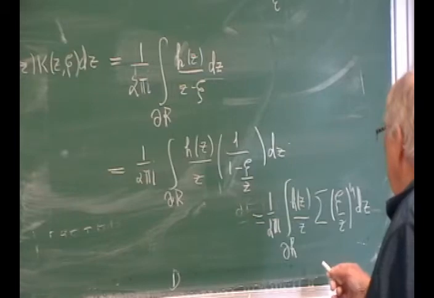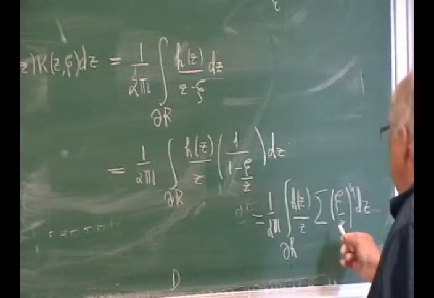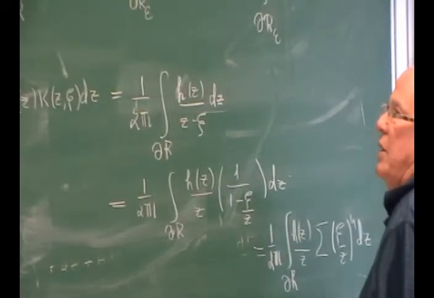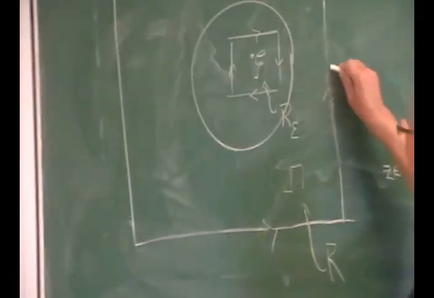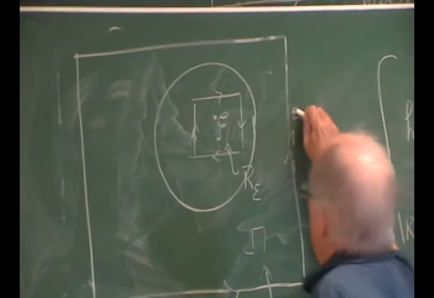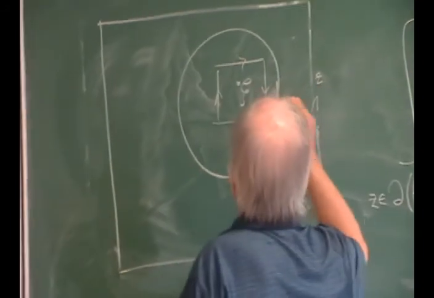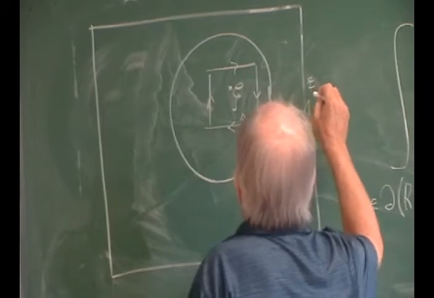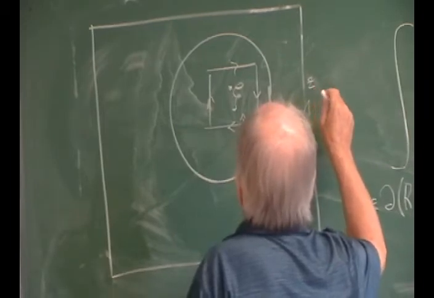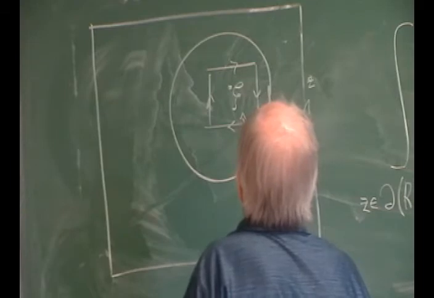Now do I have the right estimates here? So z is running around the boundary here.